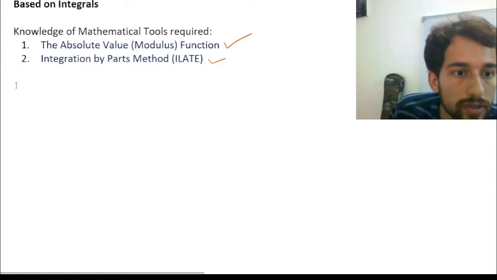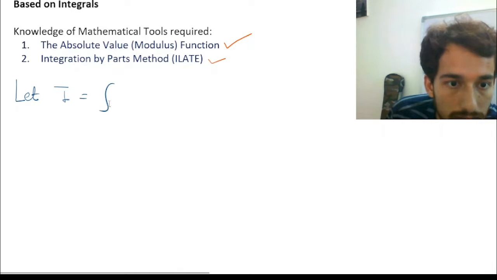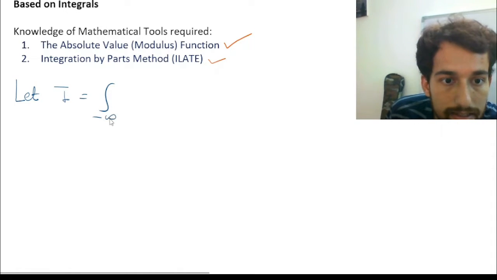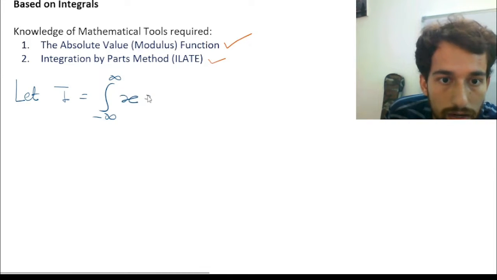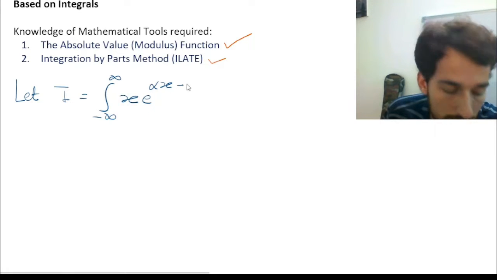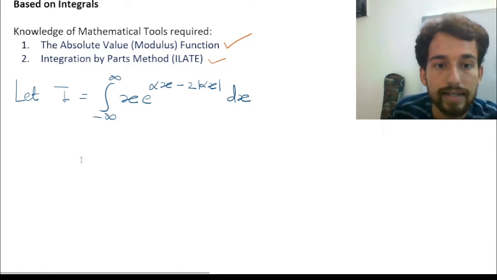Let my capital I denote the integral from minus infinity to infinity of x e to the power alpha x minus 2 times modulus of alpha x dx. So this is my integral which I wish to evaluate.